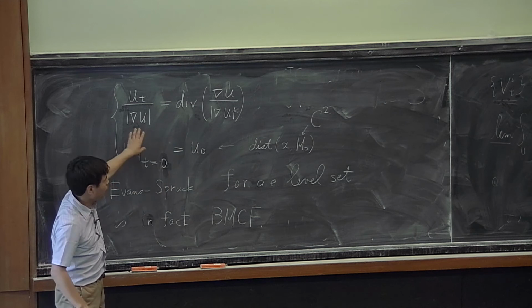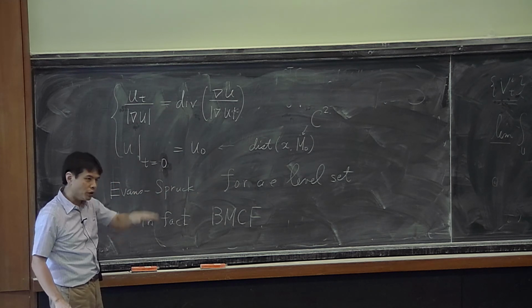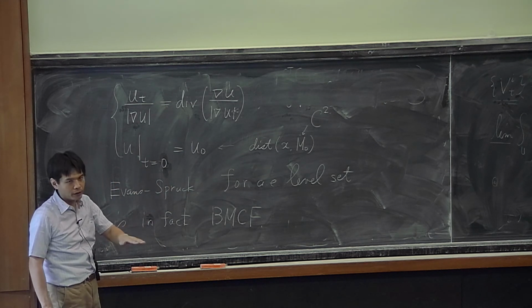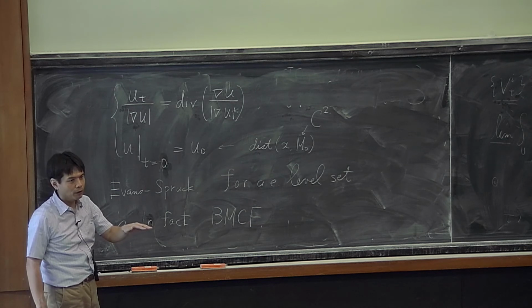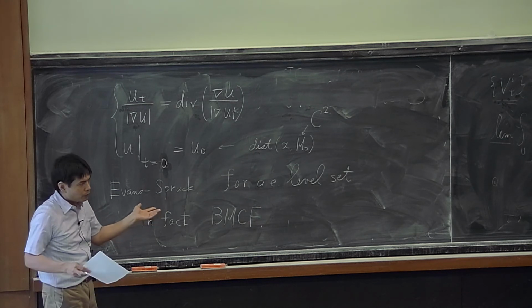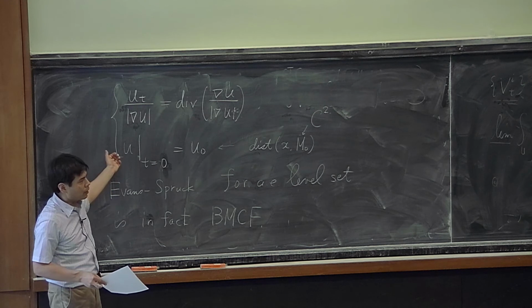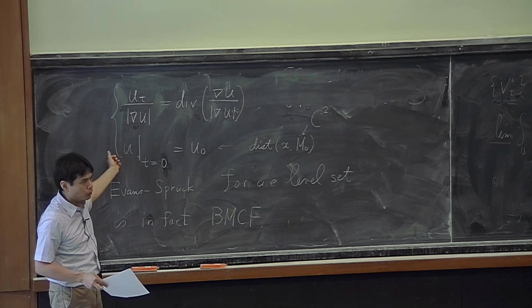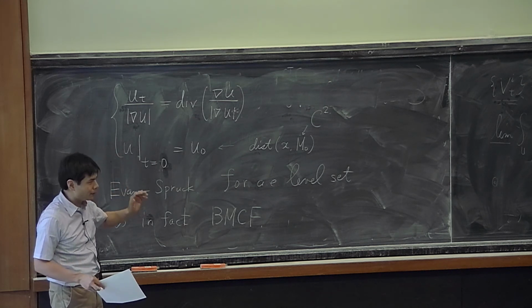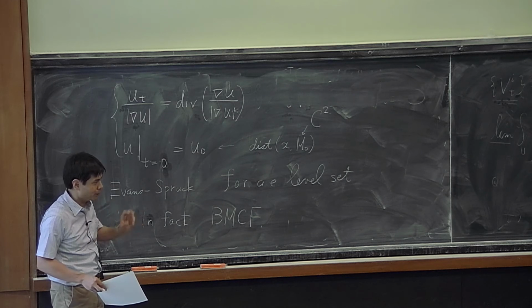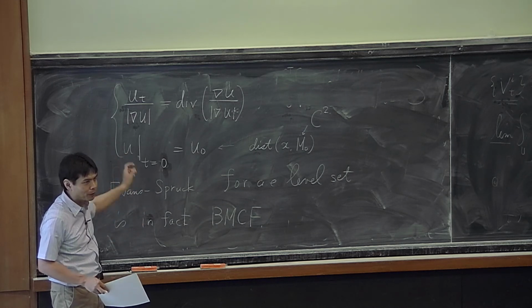So this is a formulation where you have a level set. Each level set is supposed to be formally at least moving by mean curvature flow. But because of this viscosity solution definition, you don't really have the pointwise information. In fact, you define this by using the maximum principle.